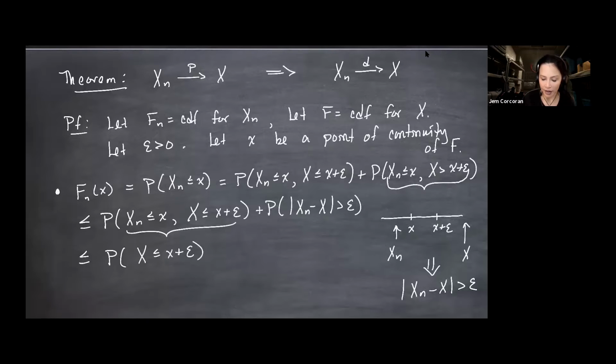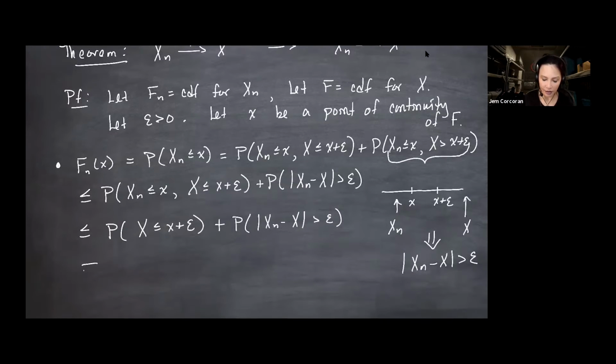I am just dropping the Xn less than or equal to x, which will give me something larger because in the top line, that first probability out of the two in the sum has more restrictions. So it's less likely, and I get this guy. And so just to finish off this bullet, this first thing is capital F, which was the CDF for X, evaluated at x plus epsilon, plus the probability, absolute Xn minus X is greater than epsilon.